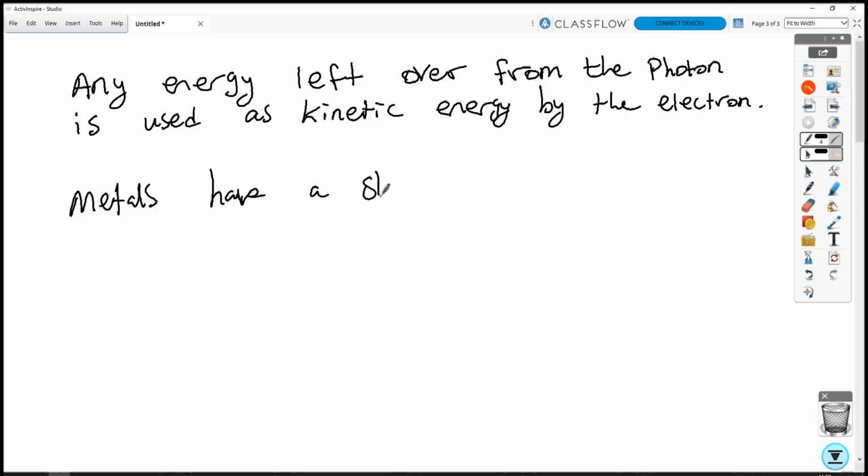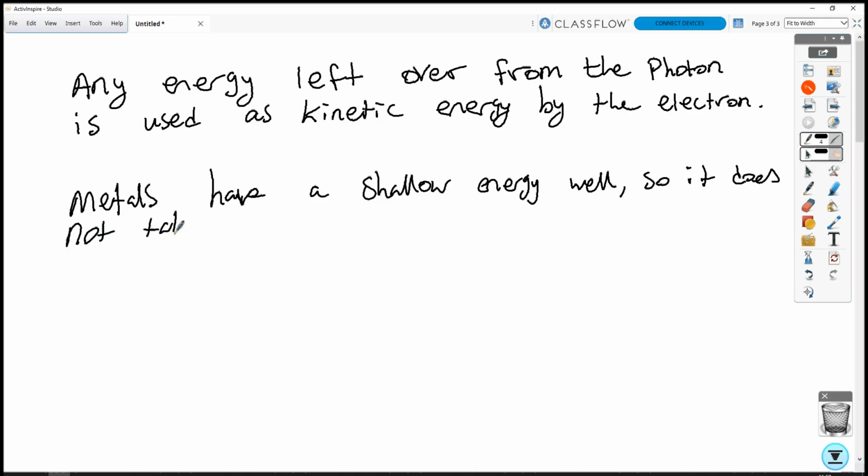Metals have a shallow energy well, so it does not take much energy for electrons to escape.